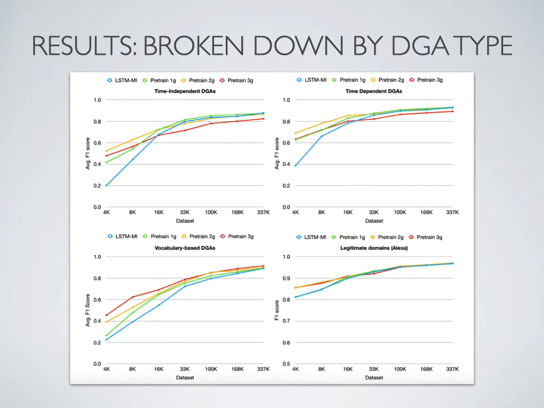While we in general have an improvement in all the classes applying the pre-trained models, and in particular, if we look at the vocabulary-based DGAs, the best one is the pre-trained 3-gram model, which seems to capture more words, maybe, which are used in this kind of domain generation algorithms.